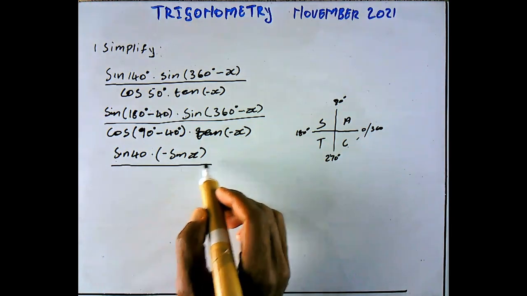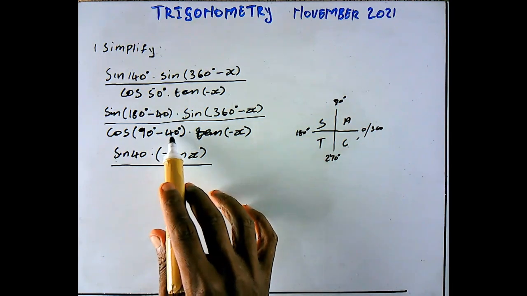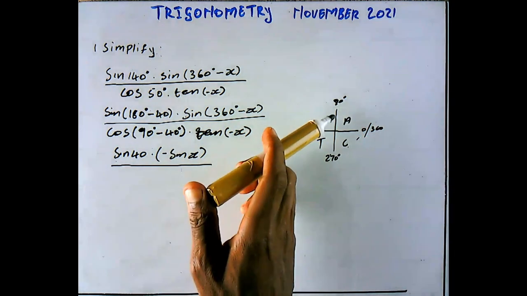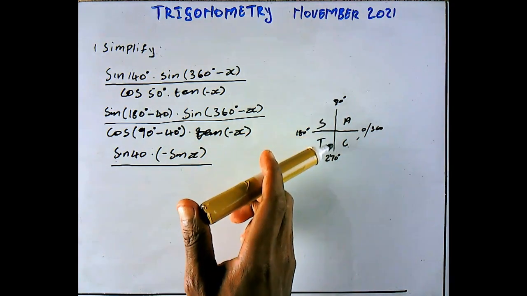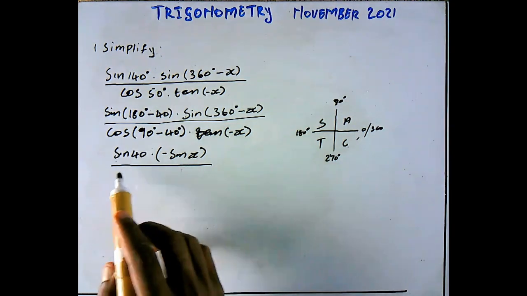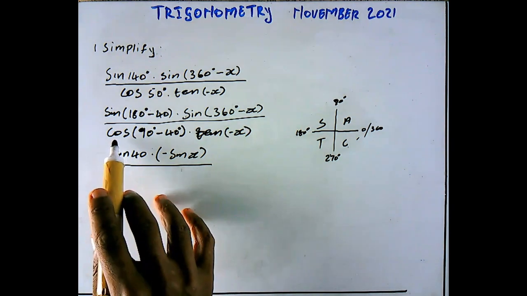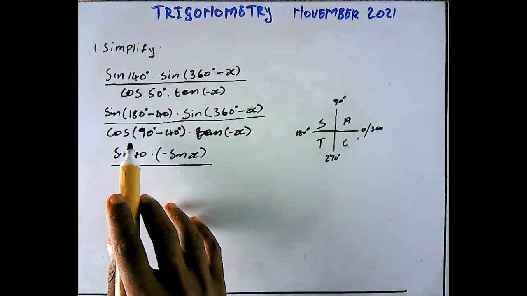Over then cos (90 minus 40). If the angle is referred from the vertical line, the ratio will change to its co-function. The co-function of cos is sine, and the co-function of sine is cos.